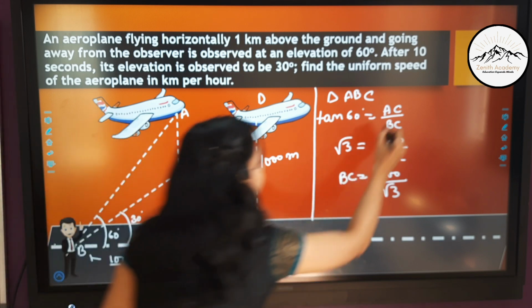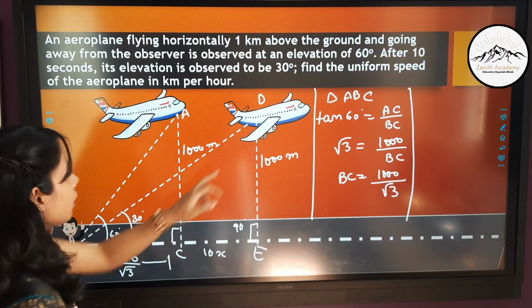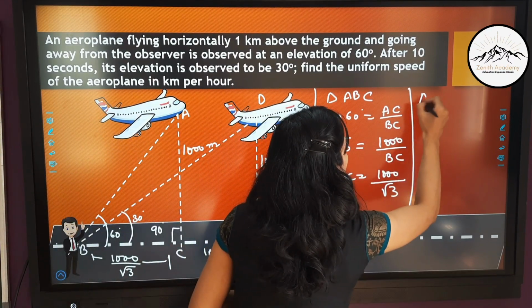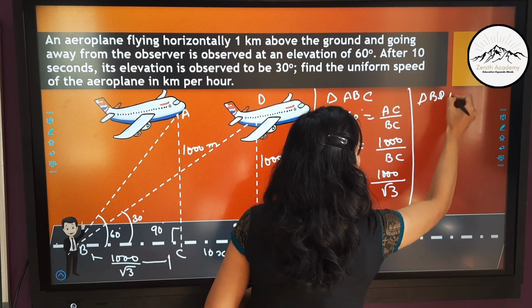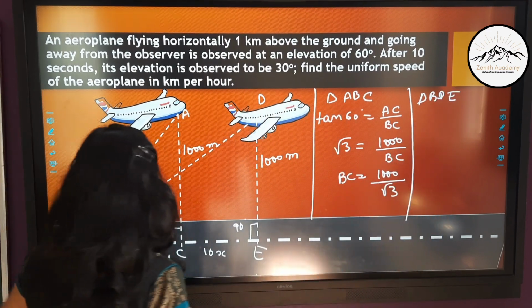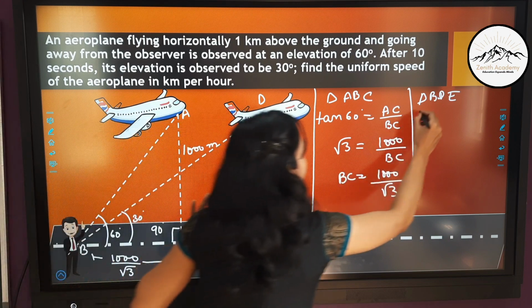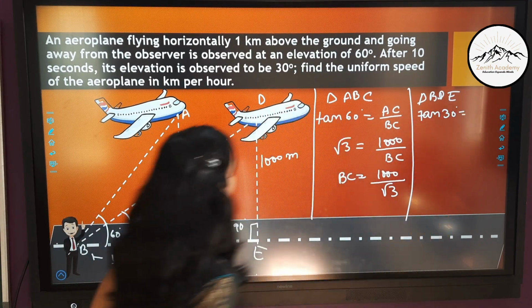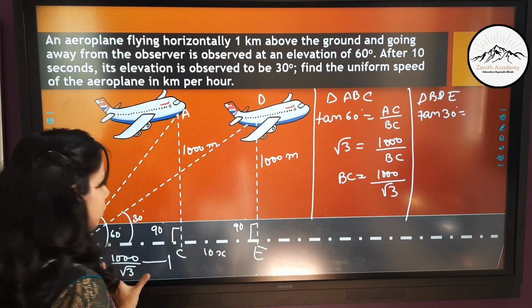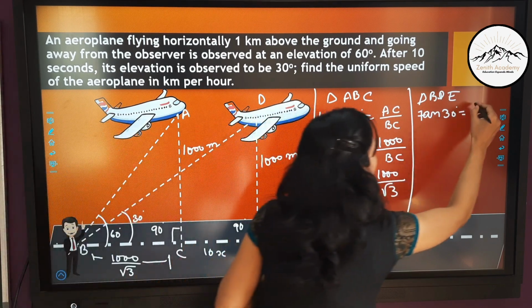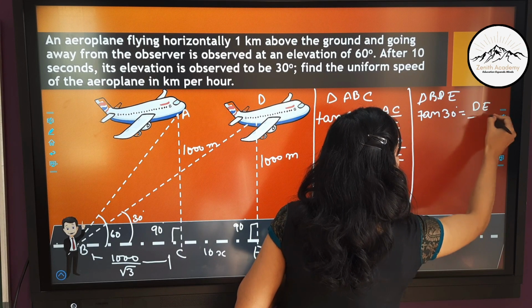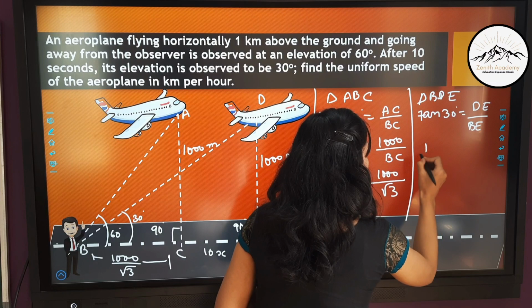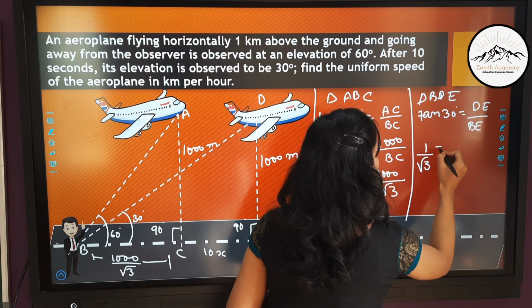In the same way, we have triangle BDE. In triangle BDE, we have 30 degrees. So tan 30 degrees is equal to this DE upon this whole BE. Now what is tan 30 degrees? 1 upon root 3.